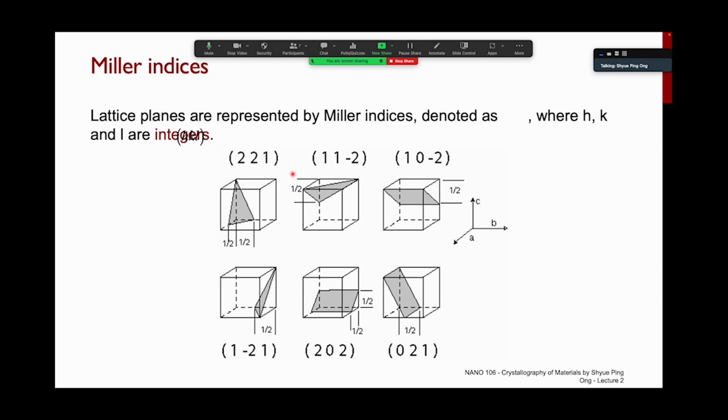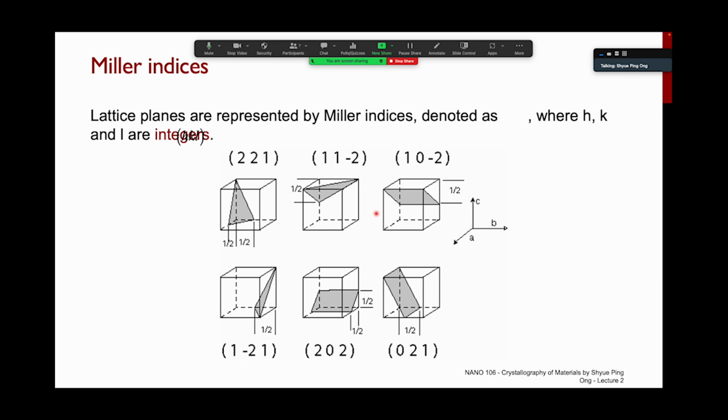The definition of the Miller indices is a bit beyond the scope of this course, okay? So if you are interested in figuring out how lattice planes work, you should take a crystallography course like NANO266, where they will go through with you how these Miller indices are defined. Okay.